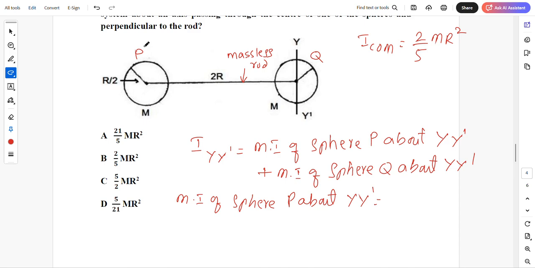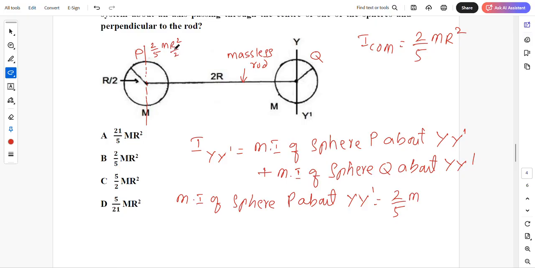How much is this? 2 by 5 m r square is equal to 2 by 5 m, and be careful, in place of r they have given r by 2.